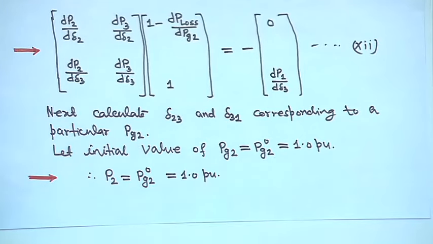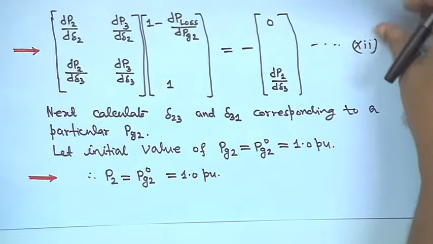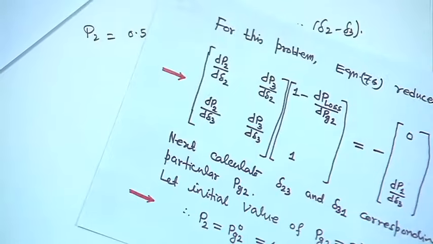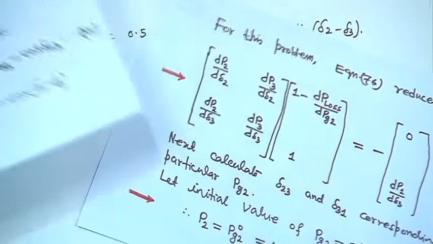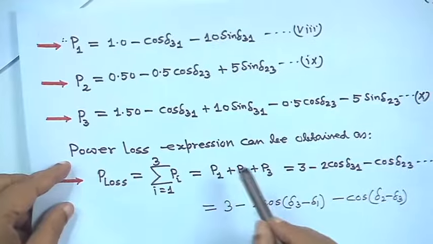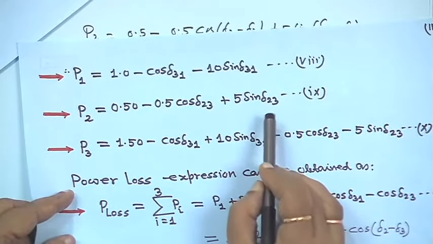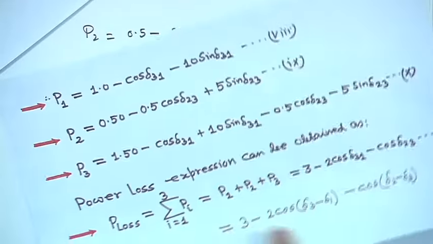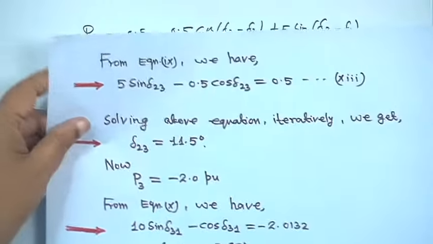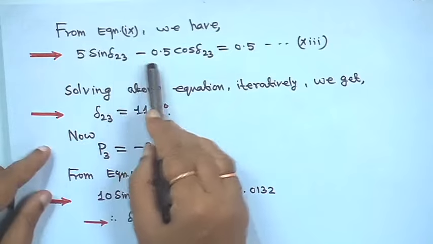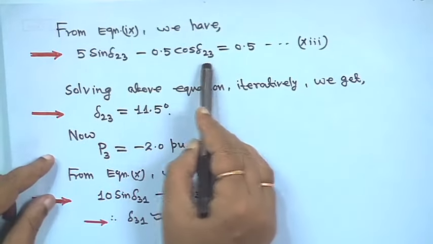That means, from equation 9, actually that is your P2 expression, that is P2 is equal to Pg2(0), this equation. So, that means we are writing 5 sin delta 23 minus 0.5 cosine delta 23 is equal to 0.5.